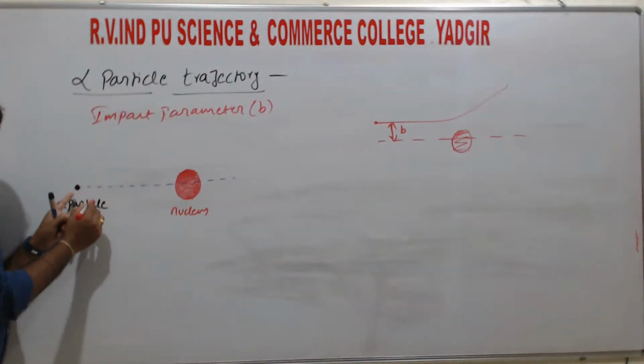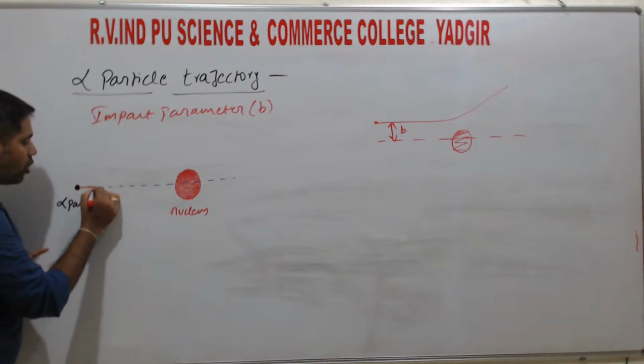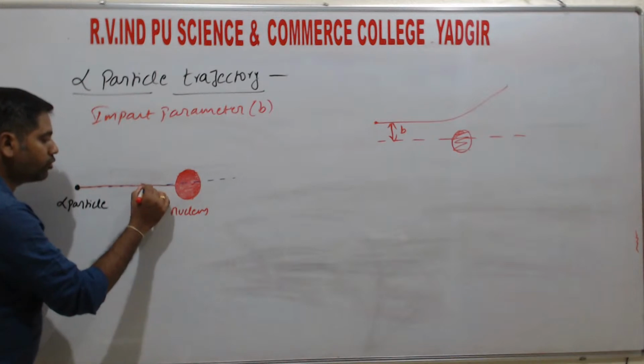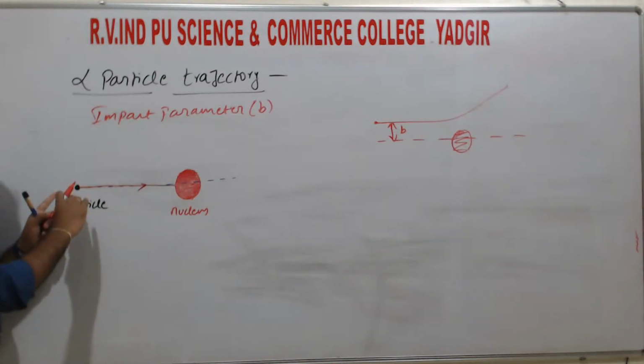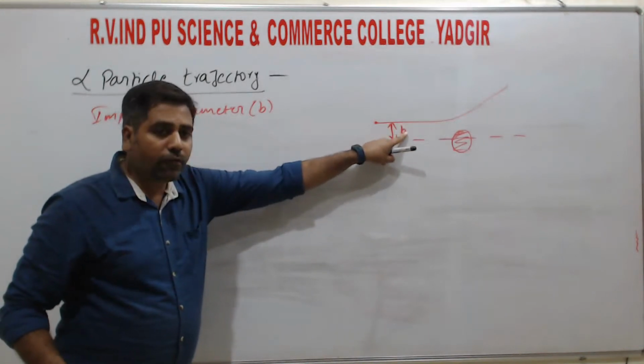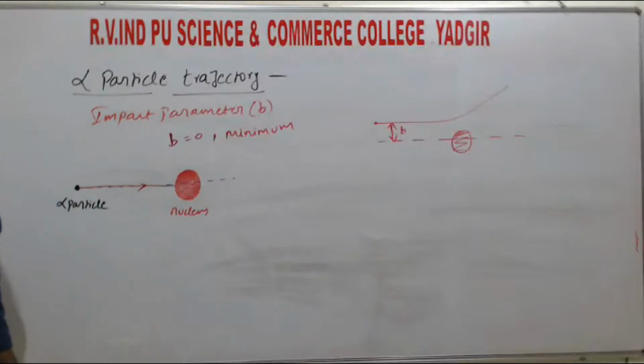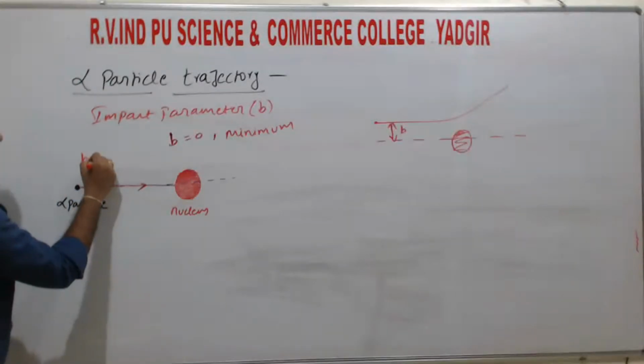So if you observe here, the alpha particle is making a head-on collision with the nucleus. That means it is along the axis of the nucleus. That means the value of b is minimum, that is during head-on collision.